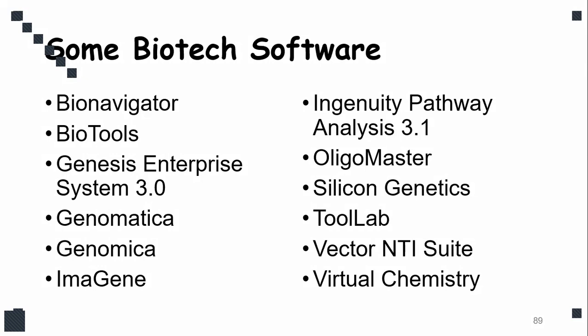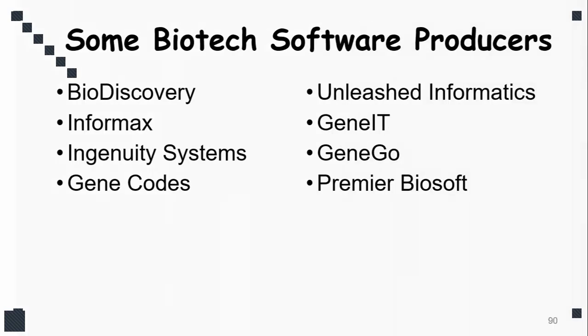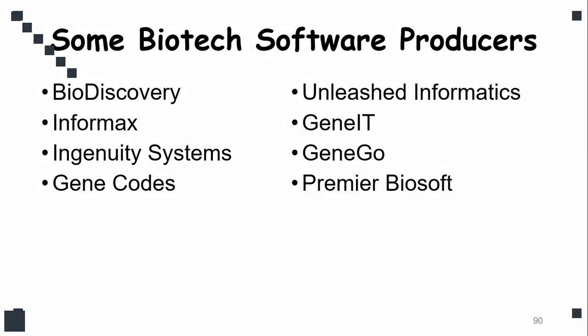If you want to develop a network of proteins and stuff like that, you need Ingenuity Pathway Analysis for you to be able to appreciate it. And if you want to simulate a reaction, you need Virtual Chemistry. Some of the producers include BioDiscovery, Informax, Ingenuity Systems, GeneCodes, Unleashed Informatics, Premier Biosoft.